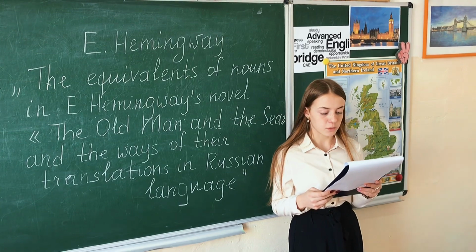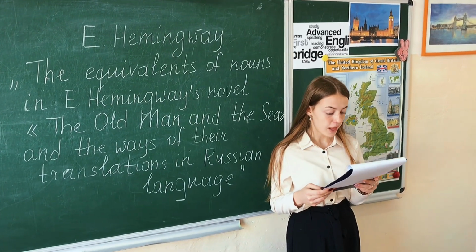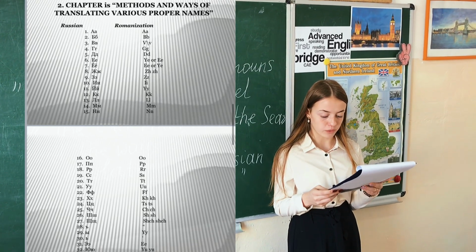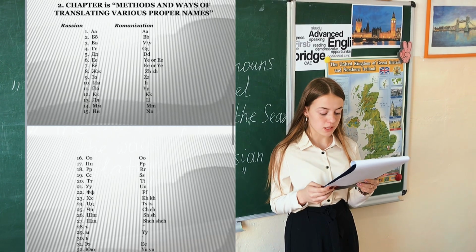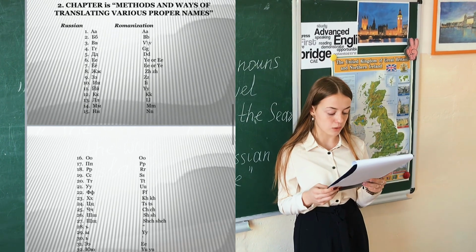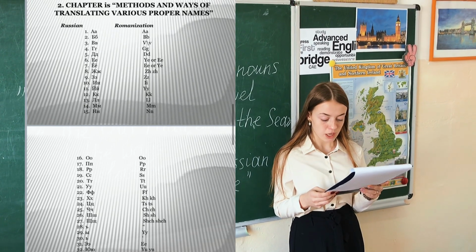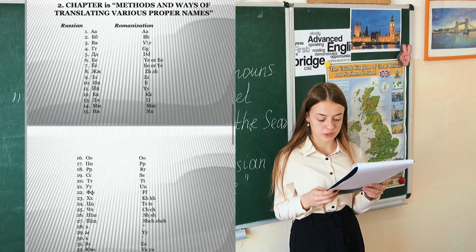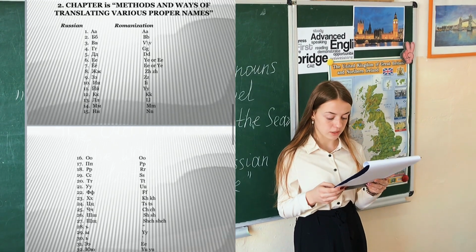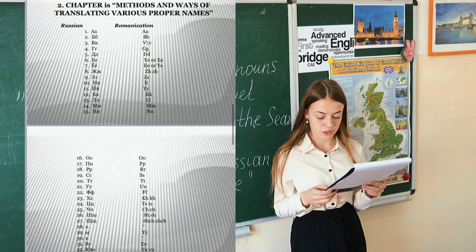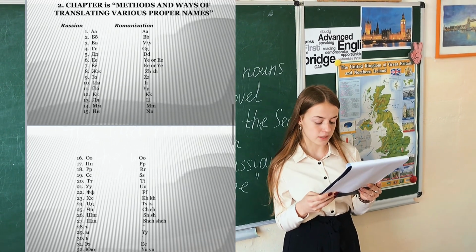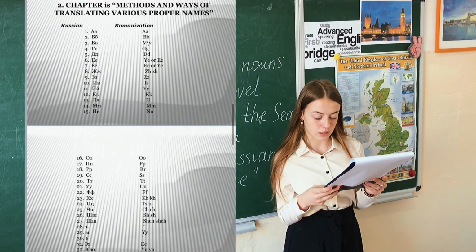Chapter 2. Methods and ways of translation of various proper names. Far from all Russian proper names can be conveyed by way of literal translation. This is because some of our vowels and consonants have no equivalent sounds in English and must be substituted by approximately similar sounds.